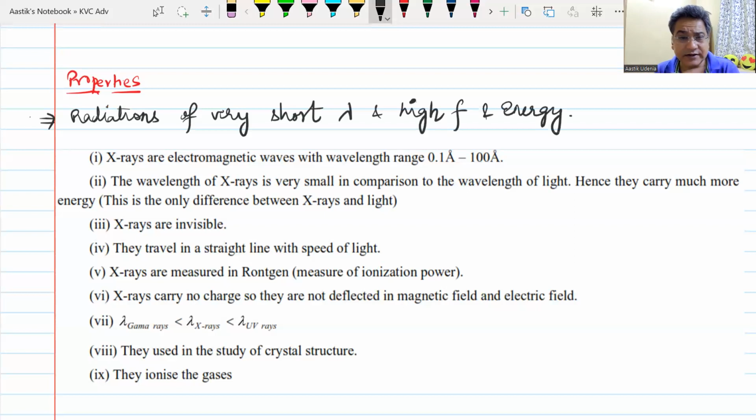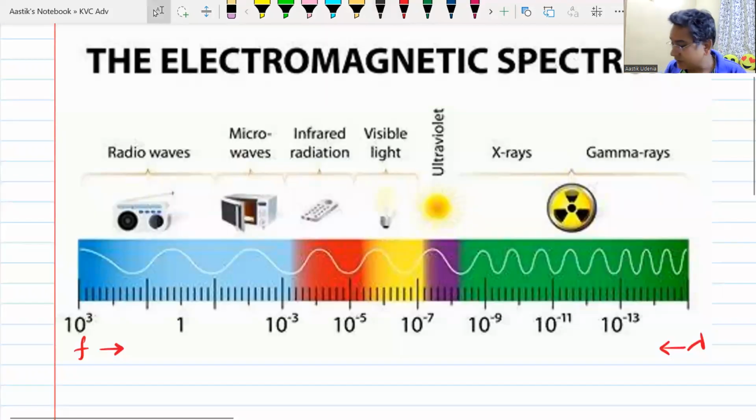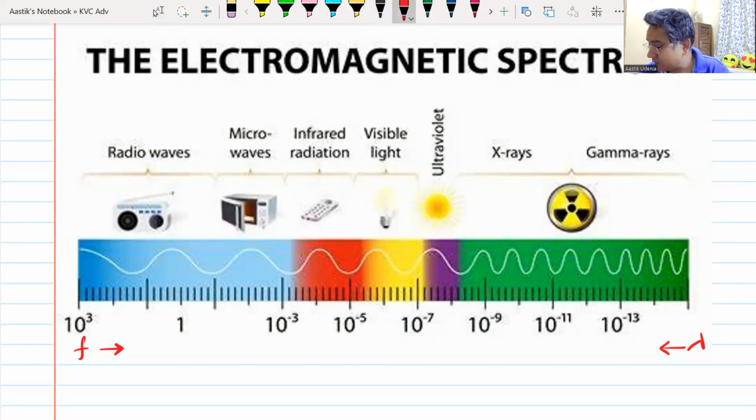X-rays are electromagnetic radiations. They come in the electromagnetic spectrum and they come only next to the gamma rays. Gamma rays have the maximum energy and they are the most dangerous radiations in this universe.